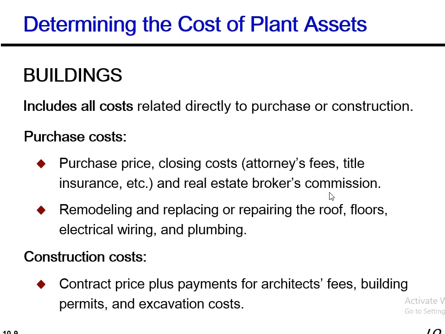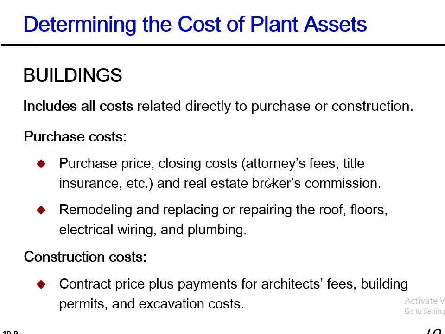Let's start with the building which is ready for use, a purchased building. In that case, whatever purchase price you pay for the building, then the closing costs, meaning attorney fee and title transfer, and the real estate broker commission, the broker who helped you in purchasing the building. All these costs you are going to add up. If you don't want to do anything else, now you have purchased the building and will be using it, so these costs will be added.